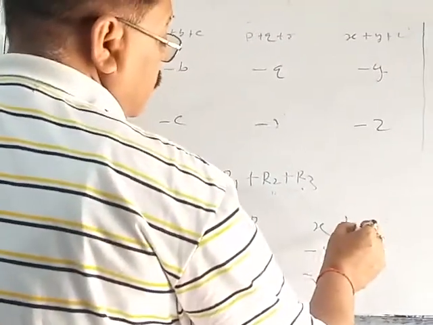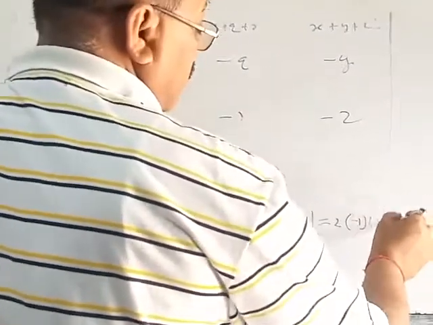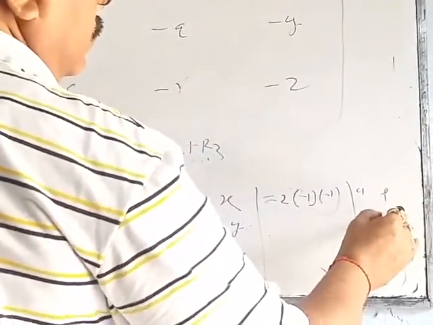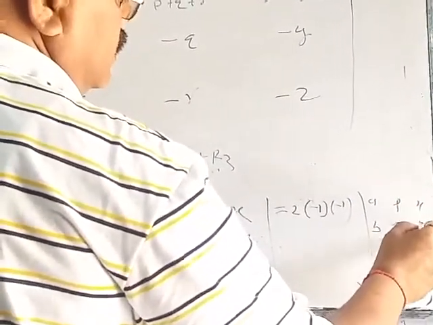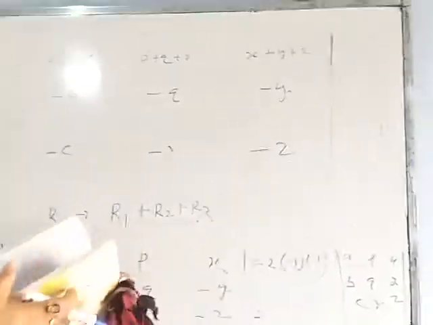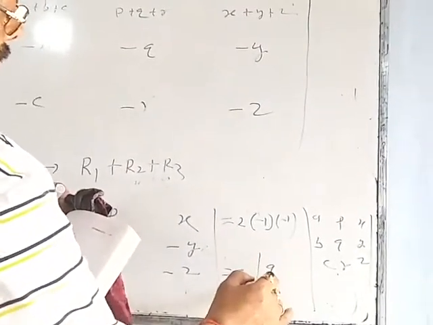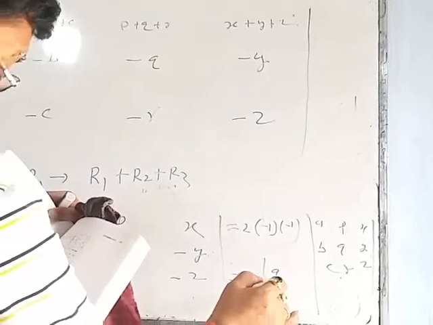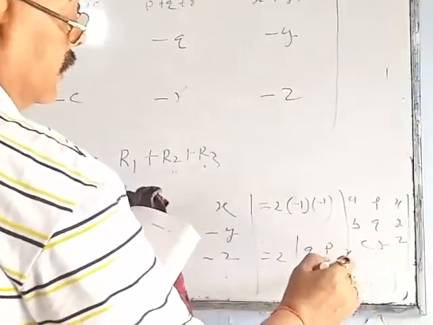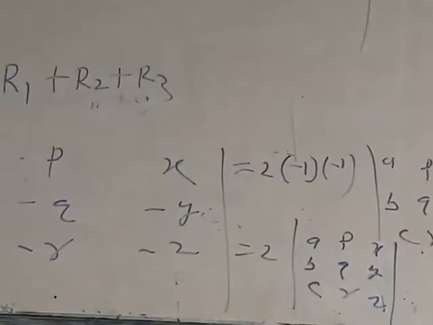So it will be 2, minus 1, minus 1. So we are getting A, B, C, P, Q, R, X, Y, Z. So we are getting the right hand side 2 times the determinant A, B, C; P, Q, R; X, Y, Z. So this is the way of solution of determinant.